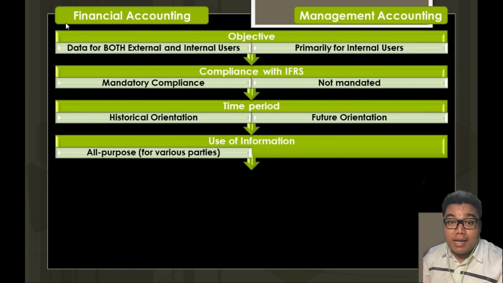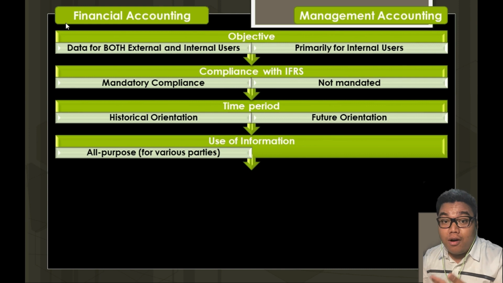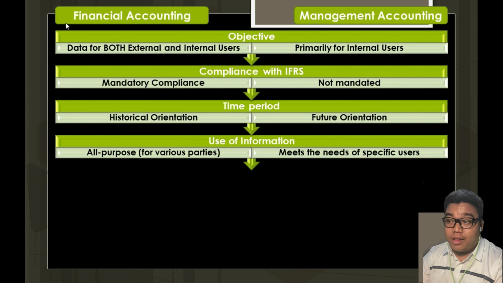As long as it complies with the IFRS, the reports are presented as is, and we use those reports for various purposes. So everyone and anyone can look at them and interpret them as they are, because there is a unified standard being followed by that report.